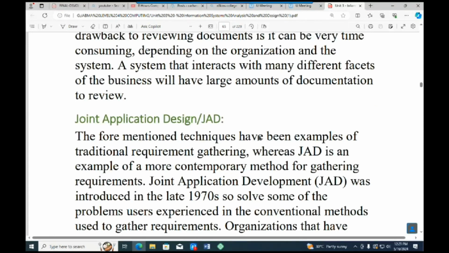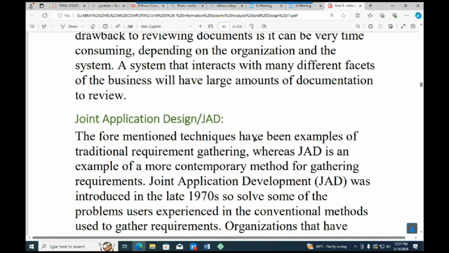Those techniques that we have discussed so far are examples of the traditional requirements gathering techniques. We have a more contemporary method for gathering requirements, where the joint application design is an example.